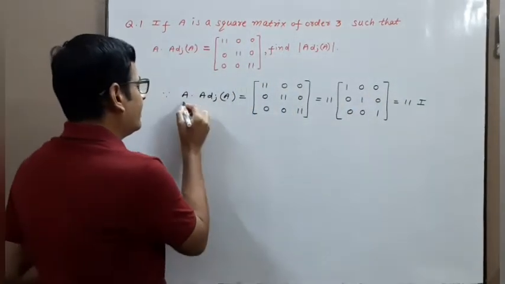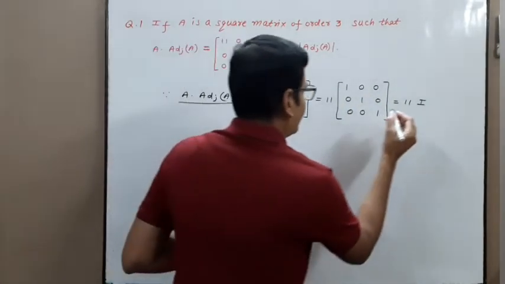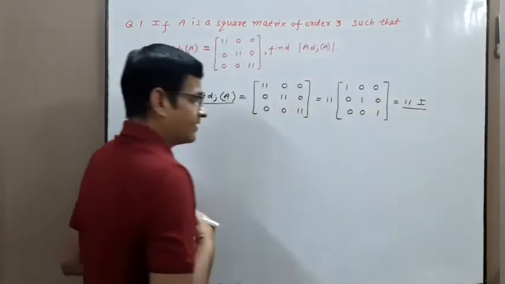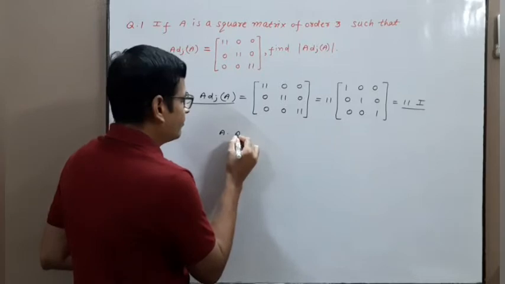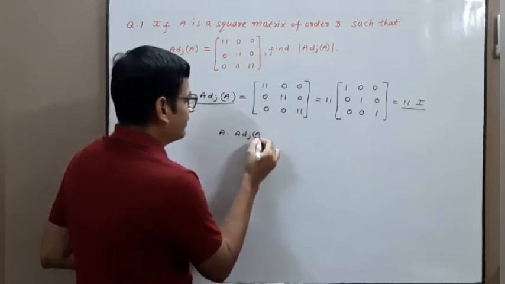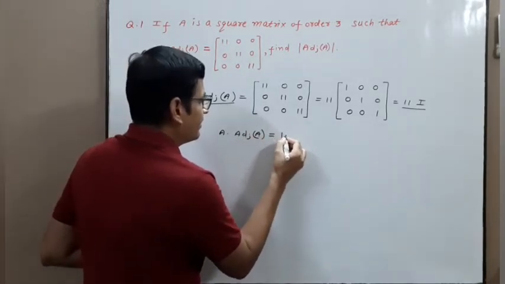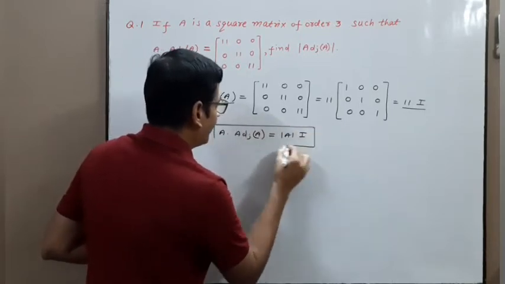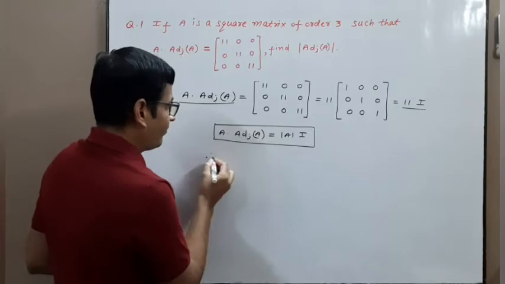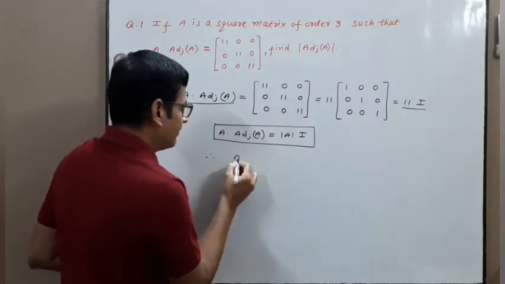And now see this, A into adjoint A equal to 11 into identity matrix. This will look like A into adjoint A is equal to determinant A into identity matrix. So on comparing, determinant A equal to 11.